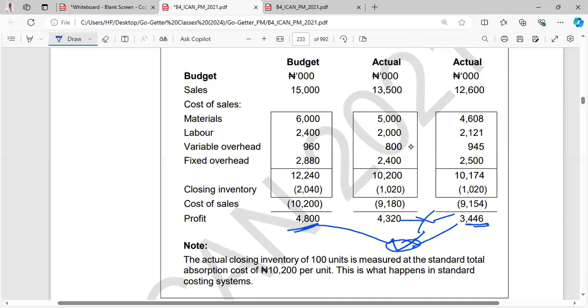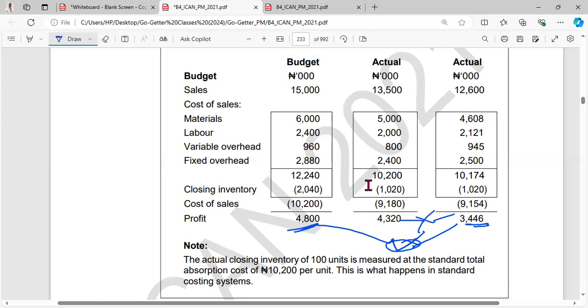Even though you have produced a flexed budget, your variance analysis is going to reconcile fixed budget profit with actual profit. Because this is the profit you set out to make, and you want to know why you didn't make it.